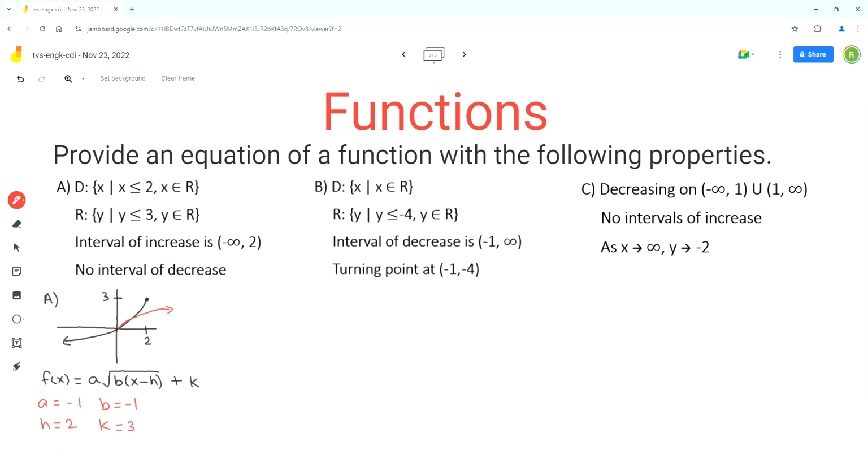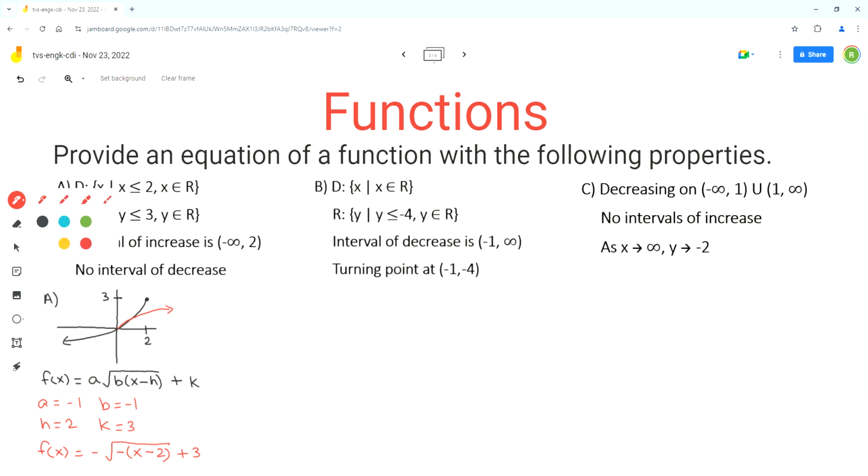Now we can sub in these values in the general equation. So this can be the equation of this function in part A.